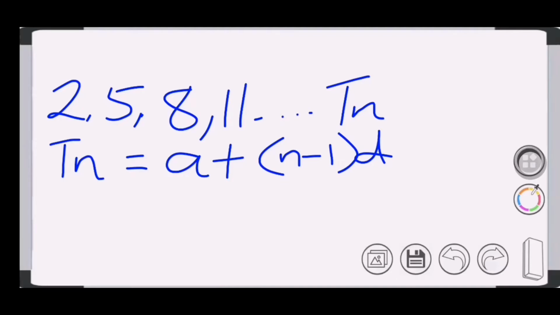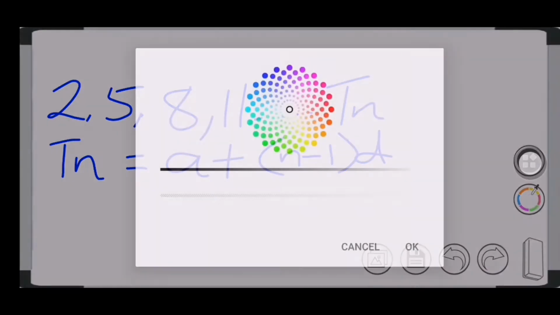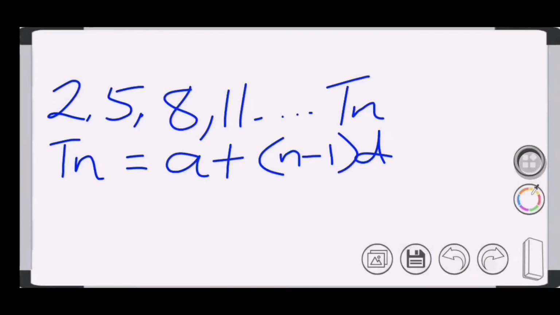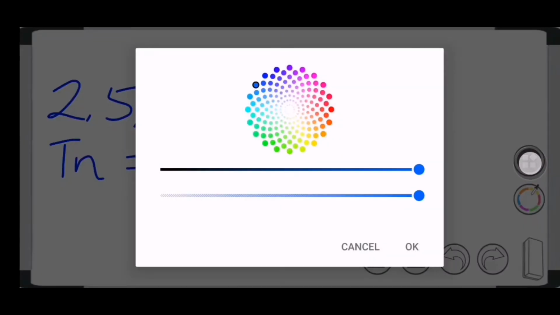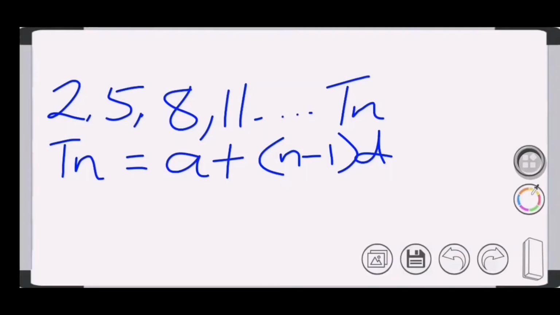Now let us go back to the pattern. What is our A? Remember we said the A is the first term of the pattern. So the first term in the pattern is 2. Therefore, our A is equal to 2. What is the common difference?